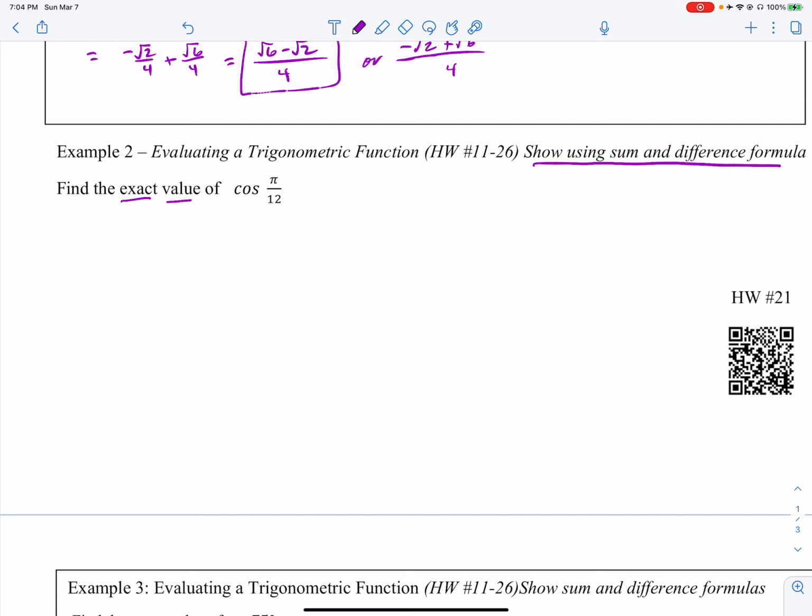So the key is that you have to write pi 12ths using a sum or difference of known unit circle angles.